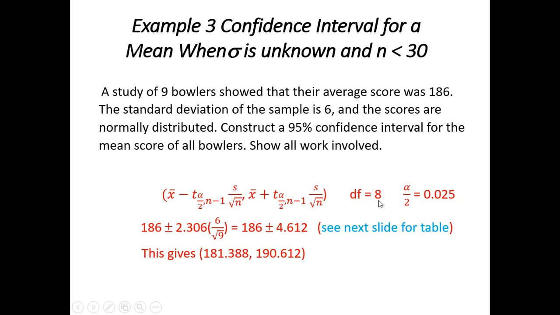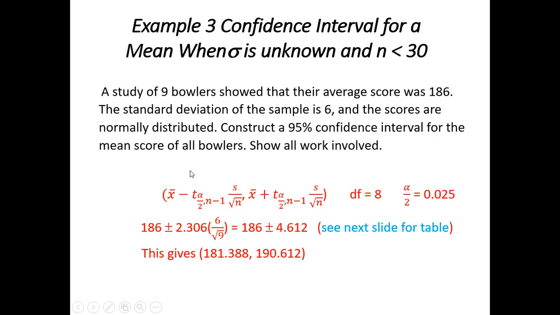Degrees of freedom is 8. So that would be 9 minus 1 is 8. Okay. A 95% confidence interval implies alpha is 0.05. So alpha over 2 is 0.025.